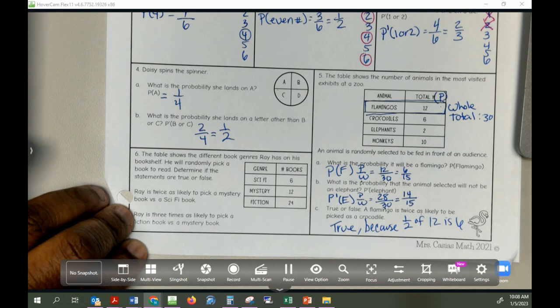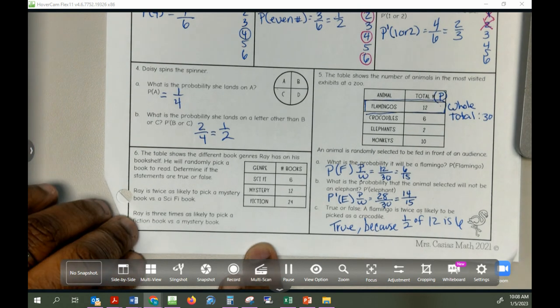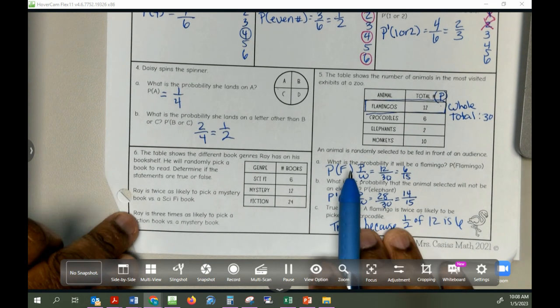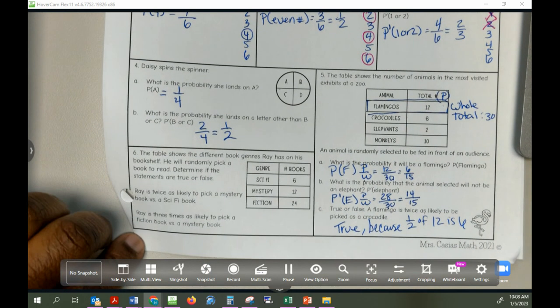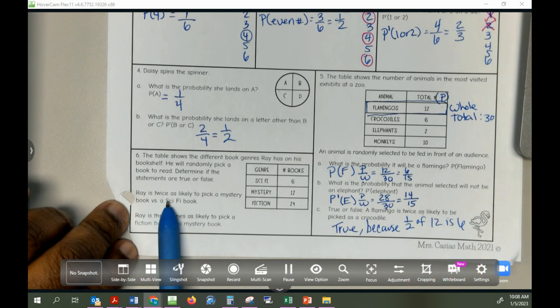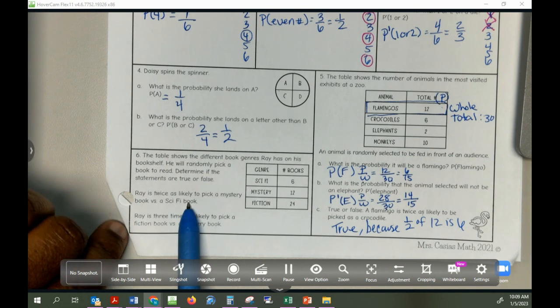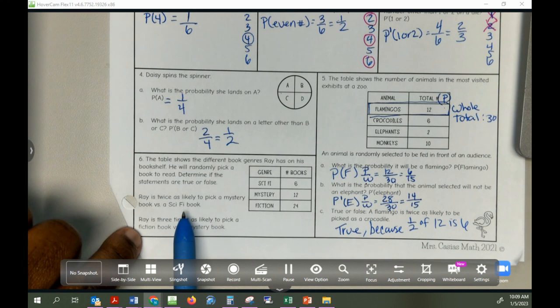When you have an answer, you can raise your hand. So Ray is twice as likely to pick a mystery book versus a sci-fi book. Yes. Who has an answer for that? Alan?